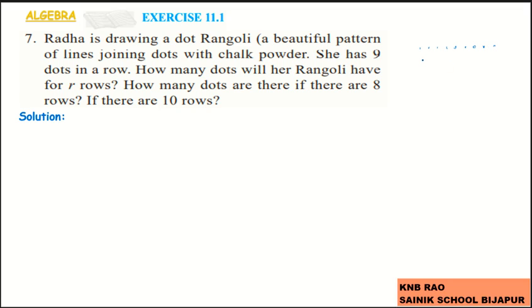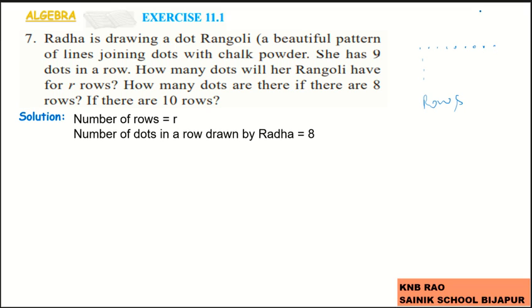The number of rows into 9 dots in each row will give the total number of dots. The number of dots in a row drawn by Radha is 9. Oh, here I have made a mistake. I have taken 8. Let me correct it.